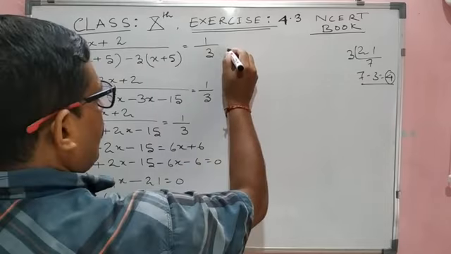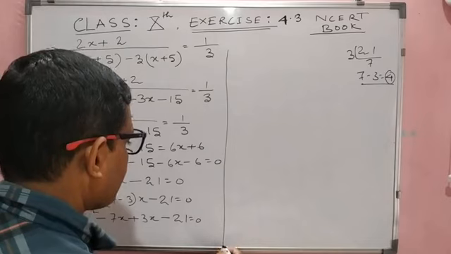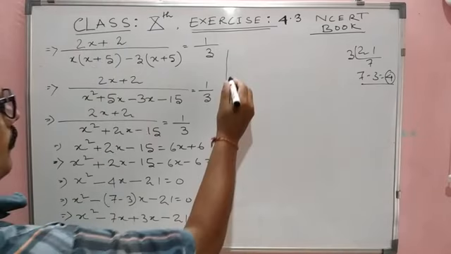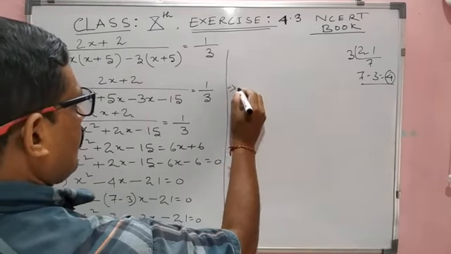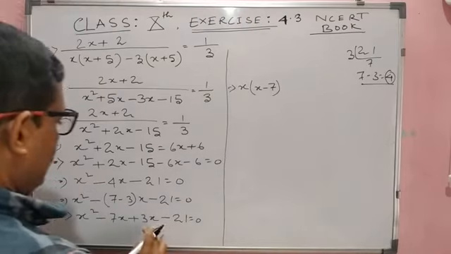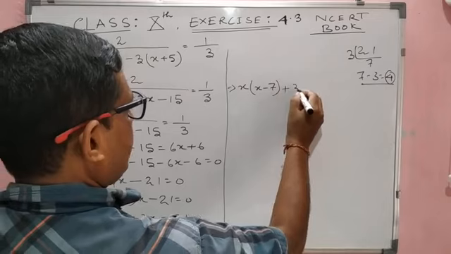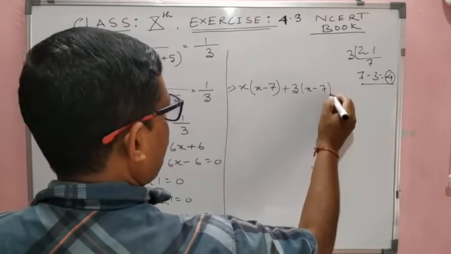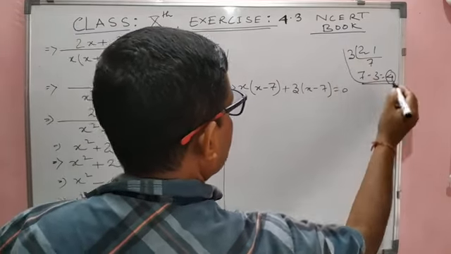So on simplification we get, between these two common is x, so it will be x minus 7, between these two plus 3 common, so it will be x minus 7 equal to 0.